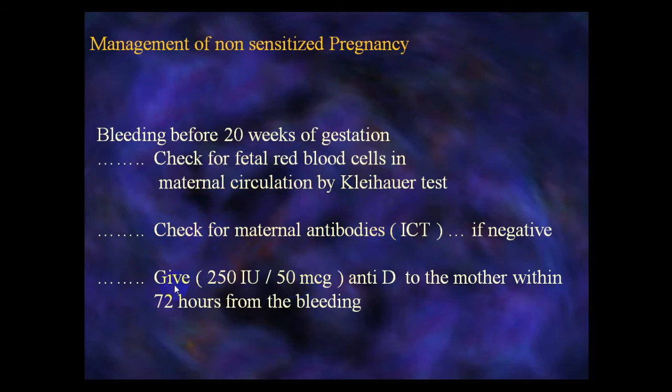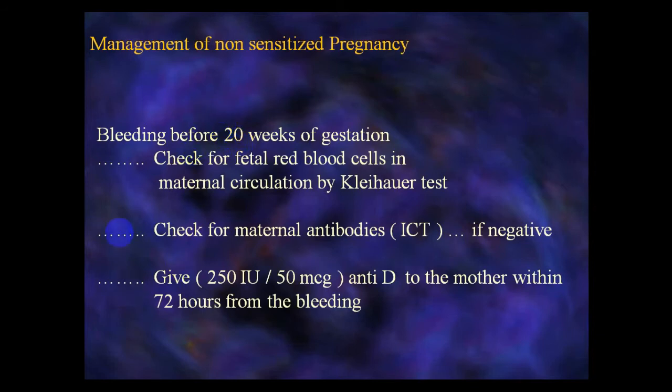If negative, give 250 international units, 50 microgram, of anti-D to the mother within 72 hours from the bleeding. Once the pregnant woman is Rh negative, the fetus may be Rh negative or Rh positive according to the father or mother.